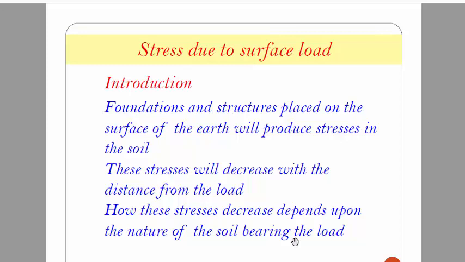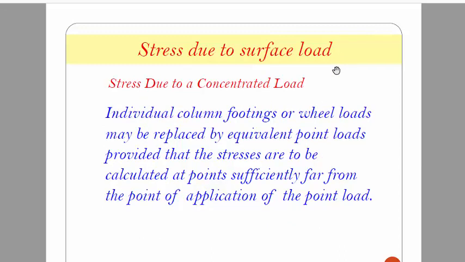When we apply load in terms of a foundation to the soil, vertical stresses are produced directly below the foundation, a very large amount of stress. As we go downward, the stresses decrease, and at about 4 to 5 times the width of the footing the stresses are negligible. So this is the concept.